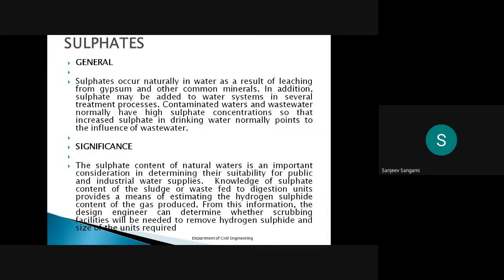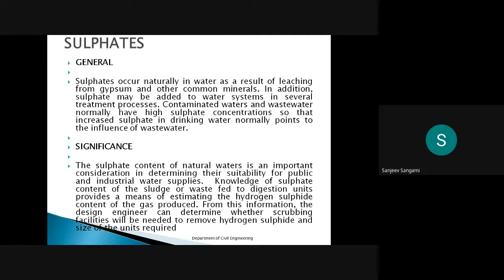Contaminated waters and wastewaters normally have high sulfate concentration, so increased sulfate in drinking water normally points to the influence of wastewater. Sometimes some industries discharge their wastewater into a surface water body as well as the groundwater, so definitely it is going to affect the water body.